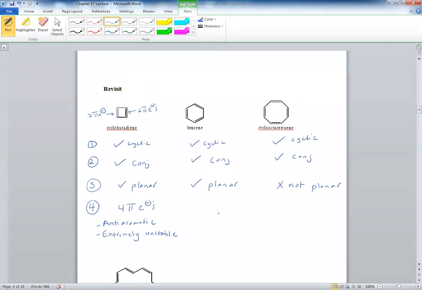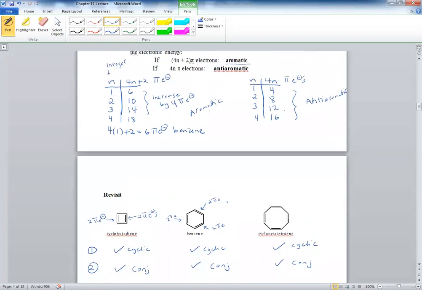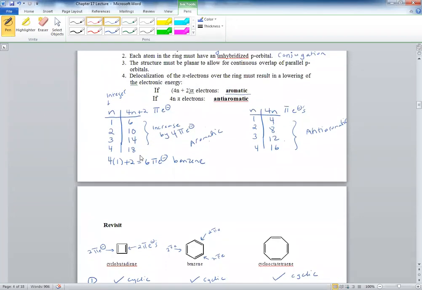As far as the benzene, we have 2 pi electrons, 2 pi, and 2 pi. So that's a total of 6. Does it satisfy Huckel's rule? Yes, it does.